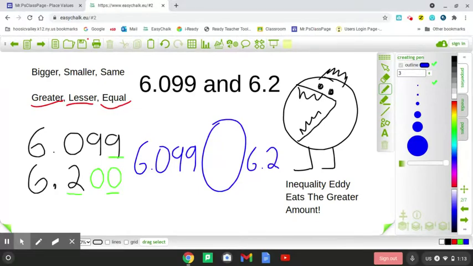And we know that 6 and 2/10 is going to be greater than 6 and 99 thousandths. But on our inequality, we read it as 6 and 99 thousandths is less than 6 and 2/10. Inequality Eddie always likes to eat the bigger parts. Sometimes he says greater than, sometimes he says less than, depending on the size he's facing.